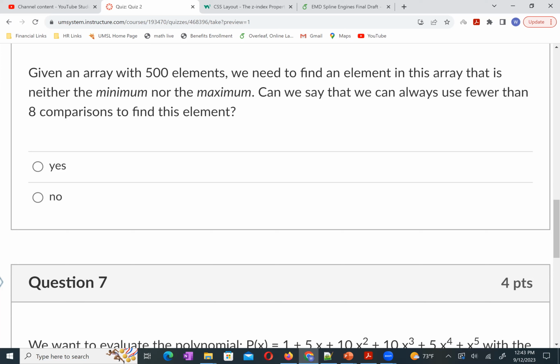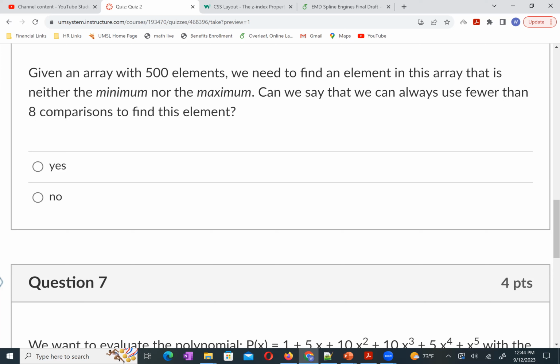Can we reduce to 100 elements and do the same thing? 100 is also okay, right? We take 100, find the one that is neither maximum nor minimum, with 8 comparisons. Can we treat this the same as the solution to the original one, 500?